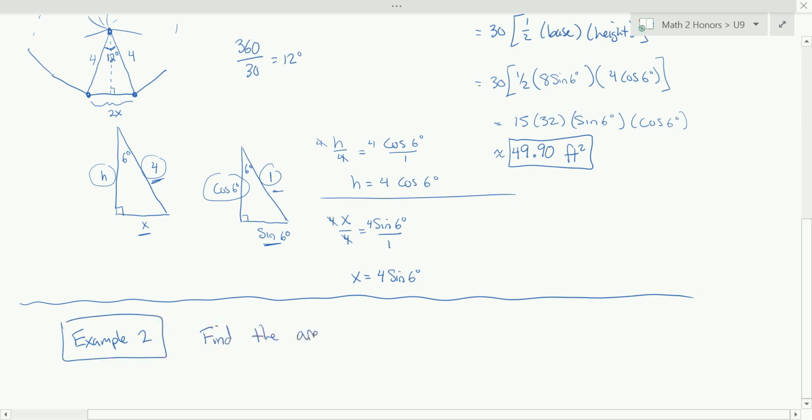Find the area of a 24-sided regular polygon. This time I'm going to give you the apothem. And let's say that that's equal to 4 inches. All right. So give that one a try.